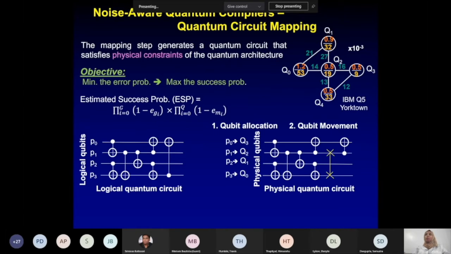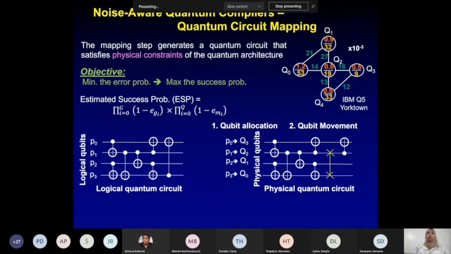And so the main problem that we face is how do we handle errors? And there are two approaches to deal with errors, right? One approach is to use quantum error correction. However, the main challenge is the need for a large number of physical qubits, which is not possible, at least for near-term quantum devices or NISQ devices.